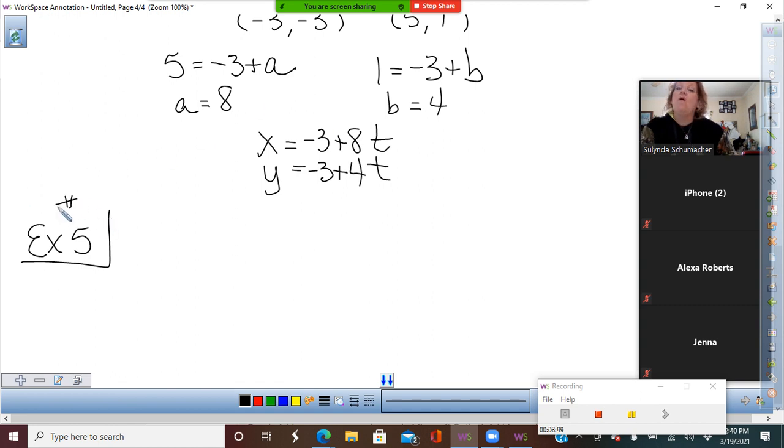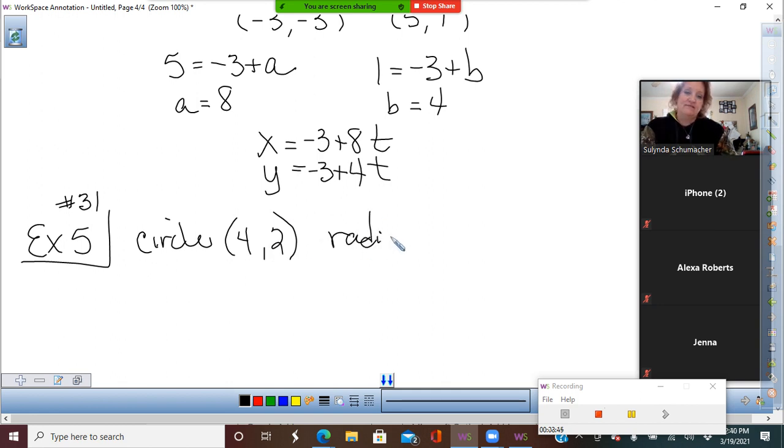In number 31, it actually tells you that it's a circle. It tells you you have a circle with center at 4, 2, and a radius equal to 5. So remember when we did example 3, the center was at 0, 0, and we had a radius, right? So the trig functions sneak in there.